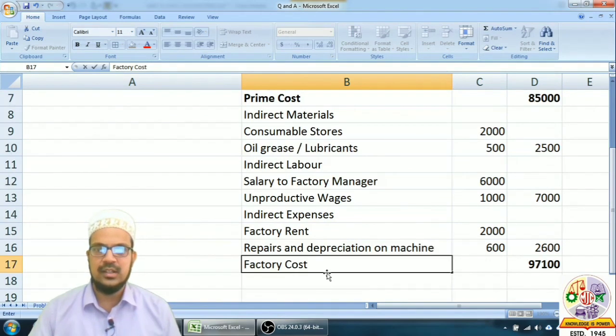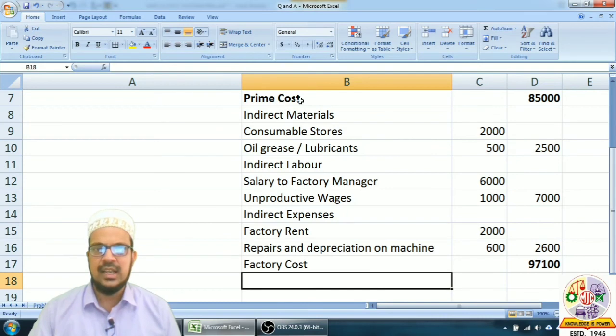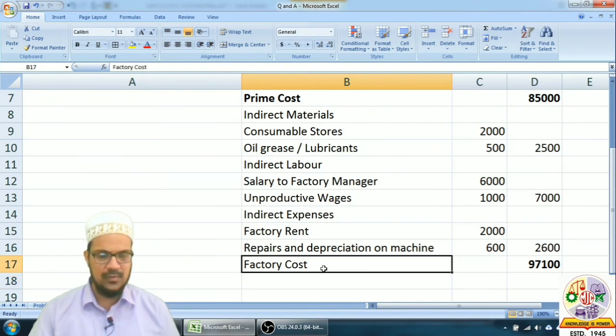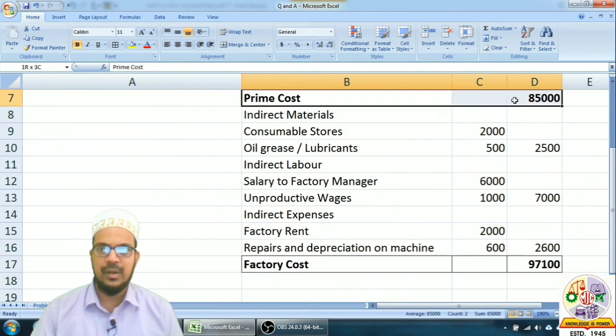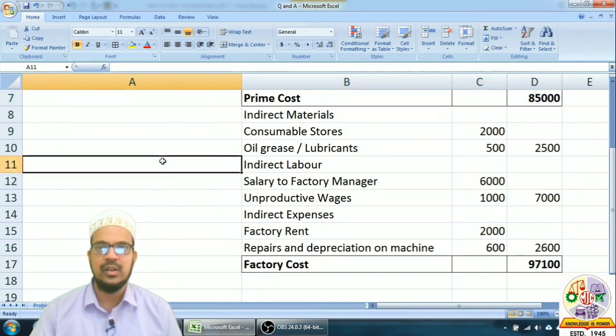Just like prime cost was written in bold, we will write this also in bold and give it a proper border. Prime cost will also be given a proper border and a bold font. So this was the end of problem number 2.